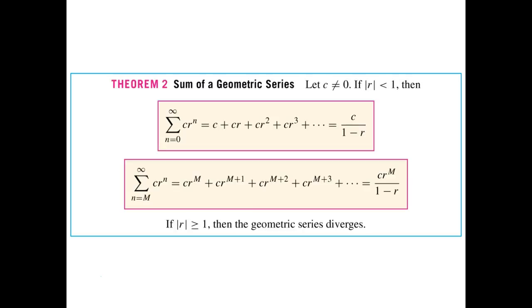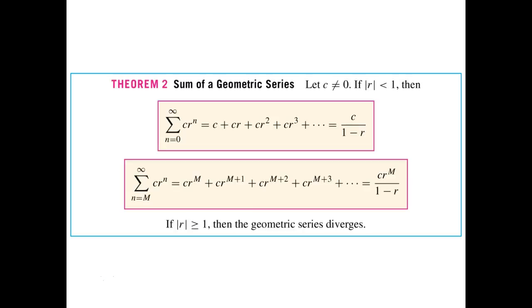So you're left with just C in the numerator and 1 minus R in the denominator. So sure enough, this is what your geometric series gives you. If the absolute value of R is less than 1, anywhere between minus 1 and 1, but not counting minus 1 and 1, anything in between those two numbers, except, of course, R equals 0.